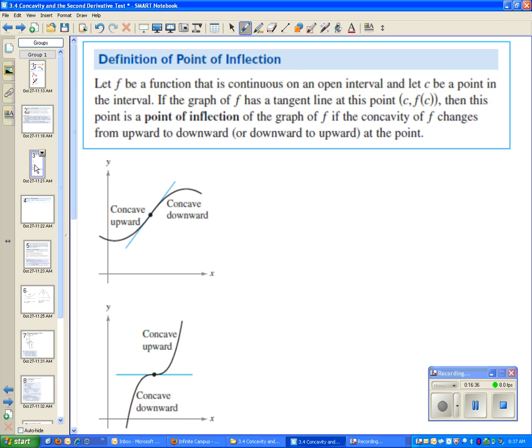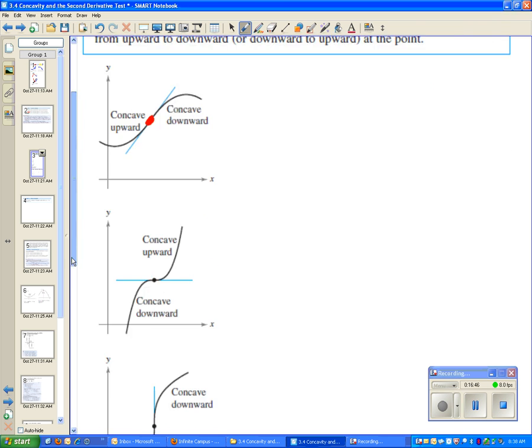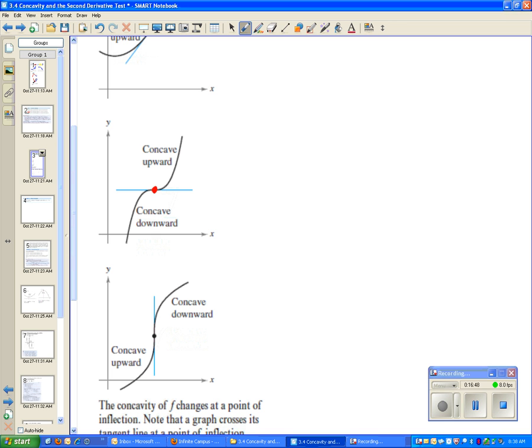Okay? Now, you look here, right here is the point of inflection because the graph is concave up to the left, concave down to the right. Here's a point of inflection because it's concave down to the left, concave up to the right. There's another point of inflection because the concavity changes.